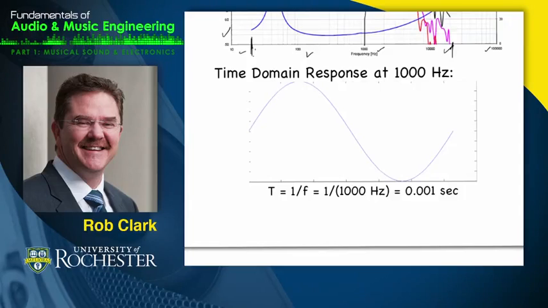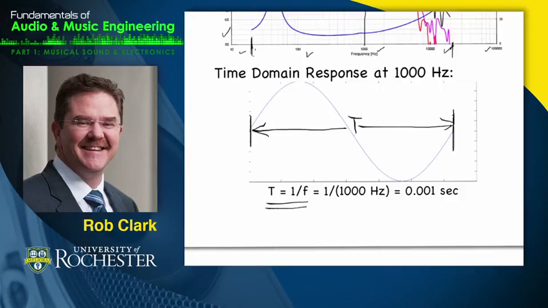And so the key here is the amount of time it takes the wave to perfectly replicate itself. So this is one complete period of the wave. The amount of time that it takes for the wave to complete a cycle is t, and that relates to the frequency as follows.